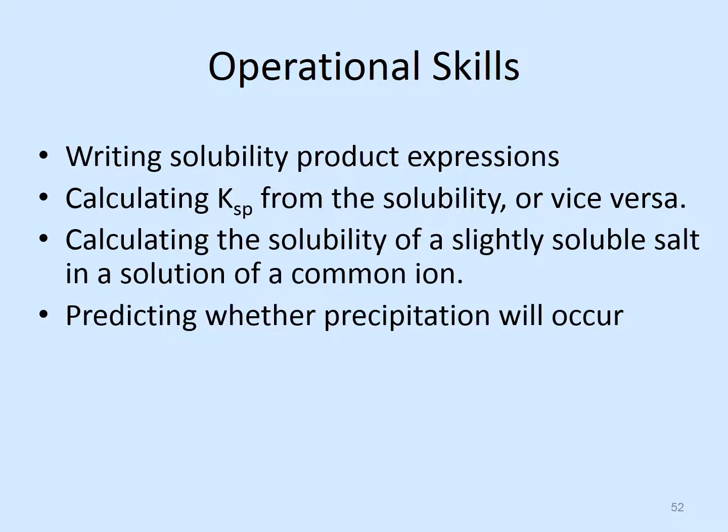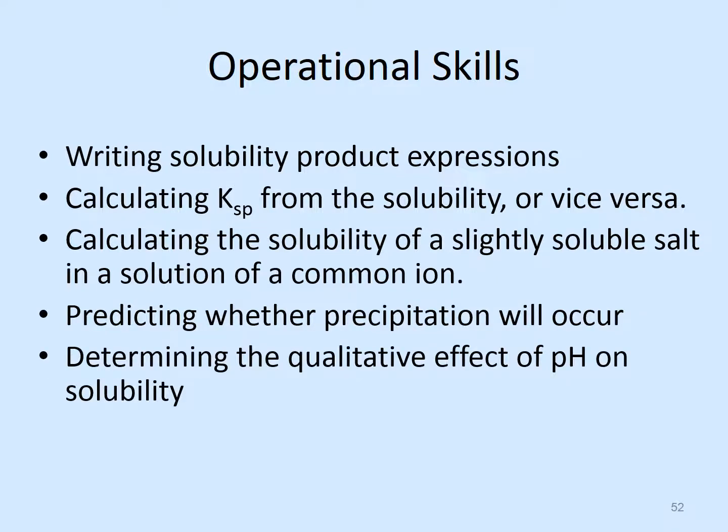And then you should be able to predict whether a precipitation will occur. And then determine, just qualitatively, so you don't need to do any calculations, how the pH will affect solubility. So if there's a negative ion that is the conjugate base of a weak acid, then pH will affect it, and a lower pH will make it more soluble.